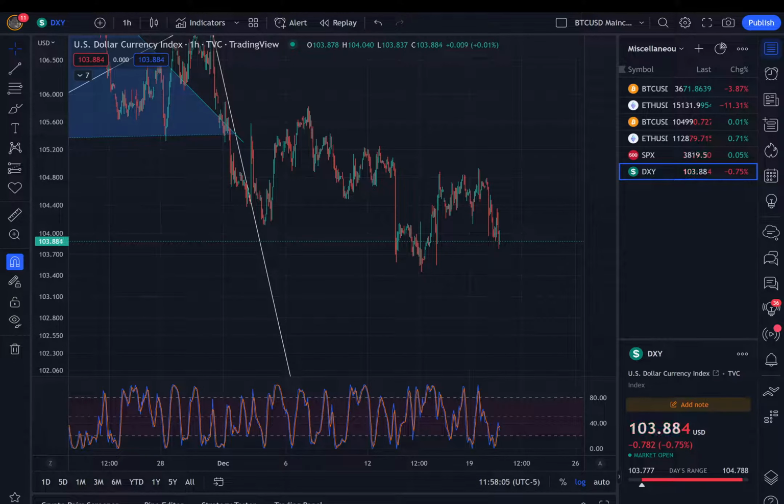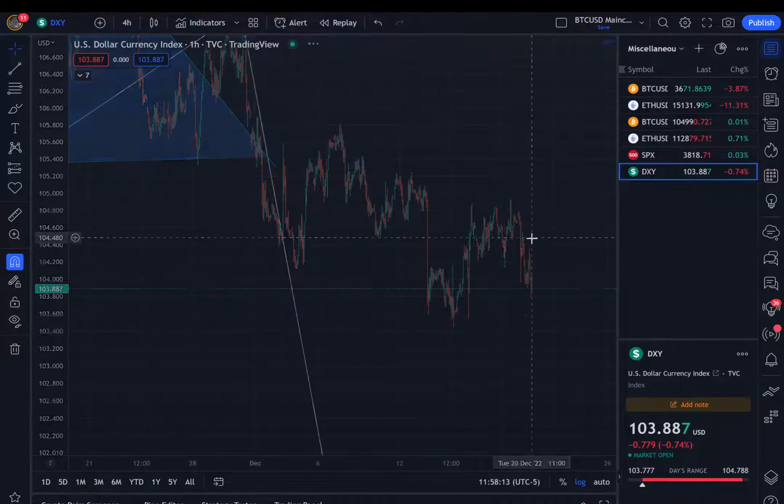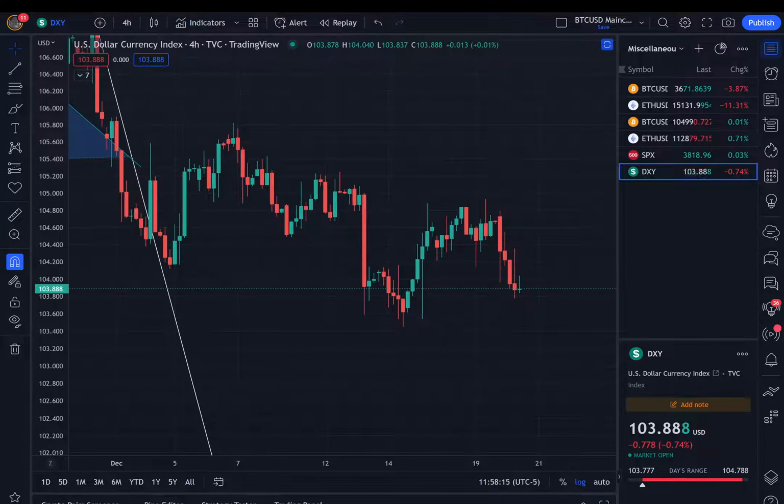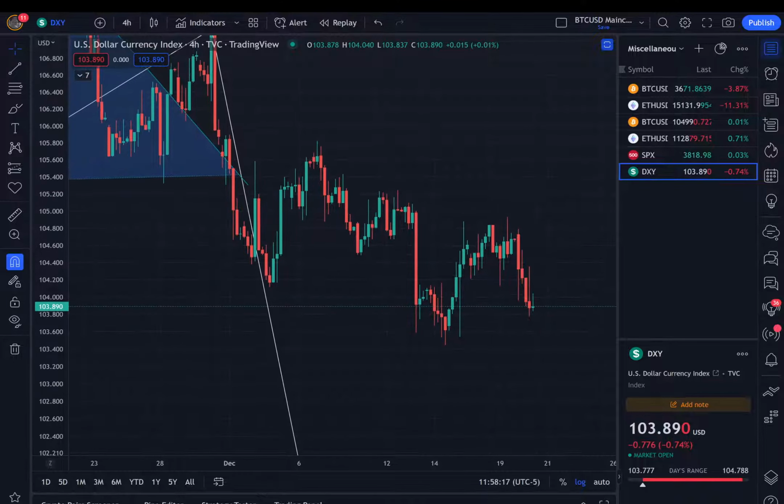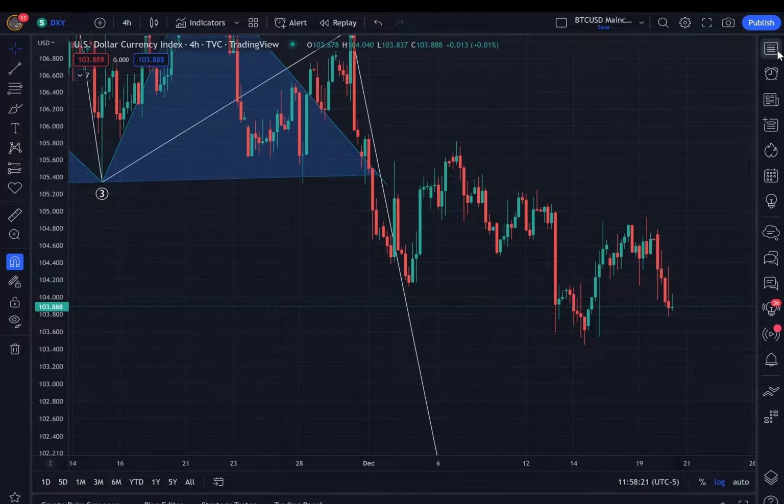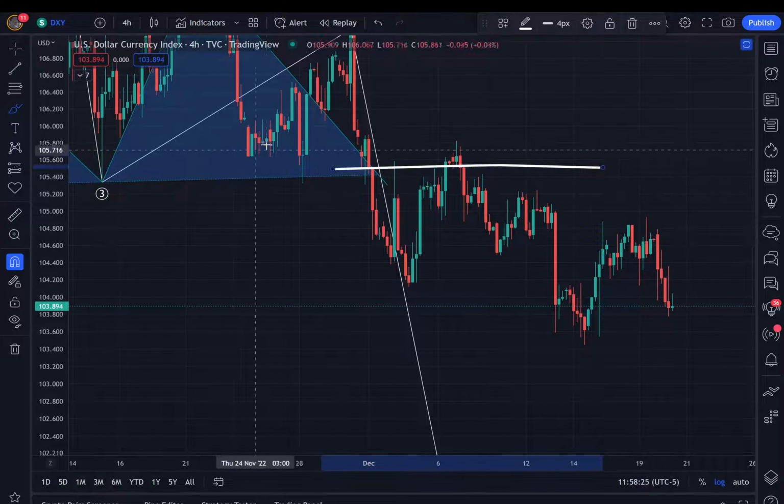So here we go. Looking at the DXY, let's go on the 4-hourly time frame. What do you see? Same stuff. Nothing's really changed, right? We had this level right here of resistance, and that represents the bottom of our massive head and shoulders. I'm not going to show it. I show it every day.